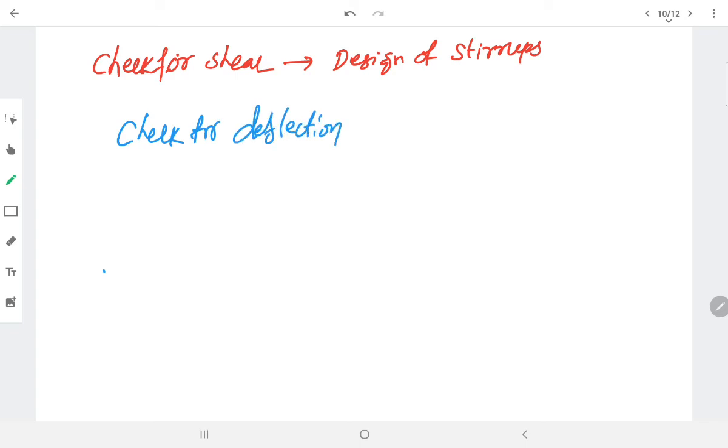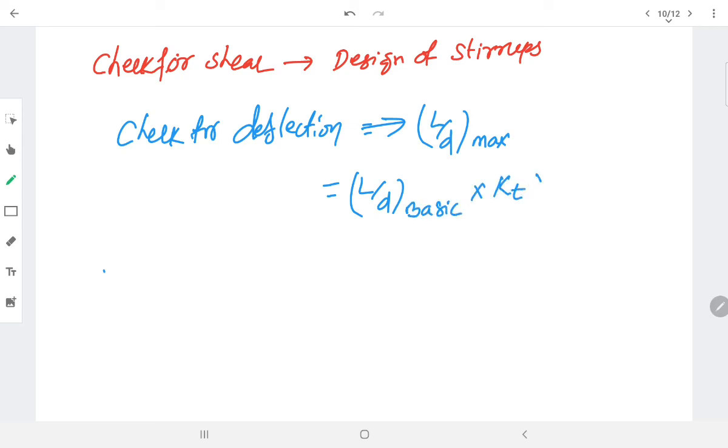And in check for deflection, I will be finding L by D max, whereas here in this doubly reinforced cantilever beam, L by D basic into KT into KC into KF is there. L by D basic is taken as 7.